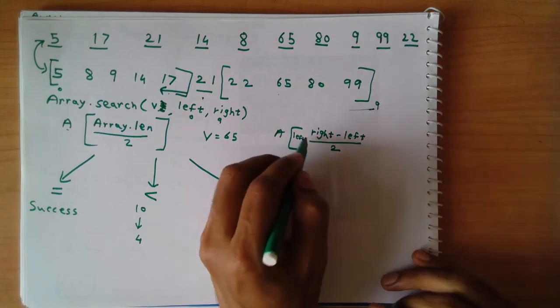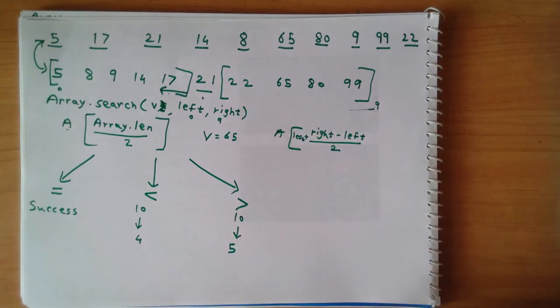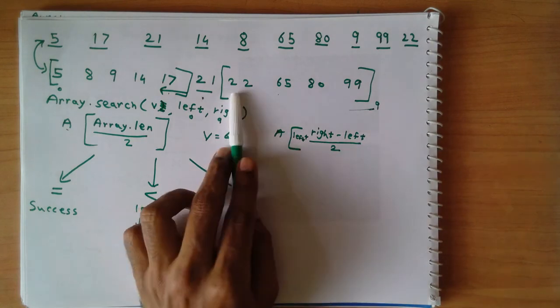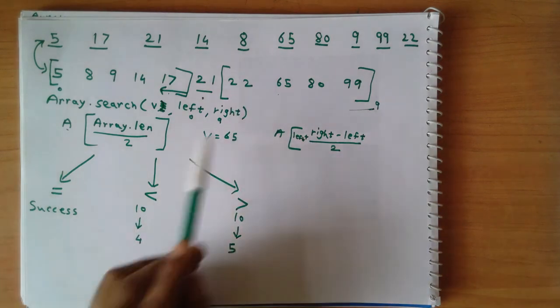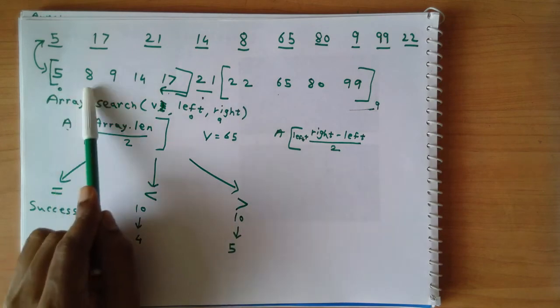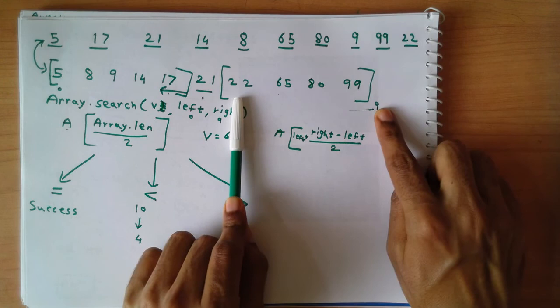Because right minus left divided by 2 is going to give me the middle value, but sometimes I might start searching from 22. Okay, so in that case the index for 22 is 0, 1, 2, 3, 4, 5, 6, and the right end is 9.